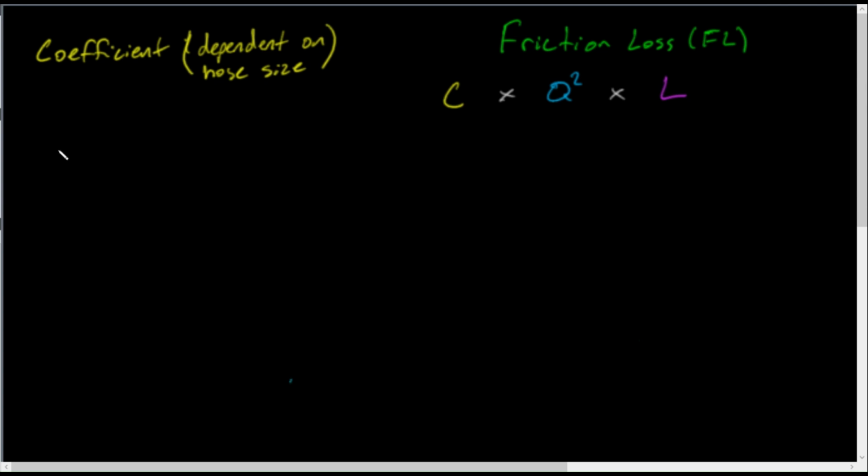Next, we have Q. Q is defined as gallons per minute divided by 100. And lastly, L. L is the length of hose, LOH here for short, divided by 100.